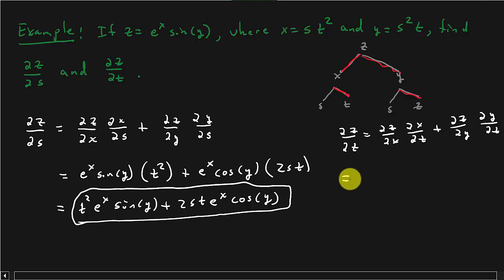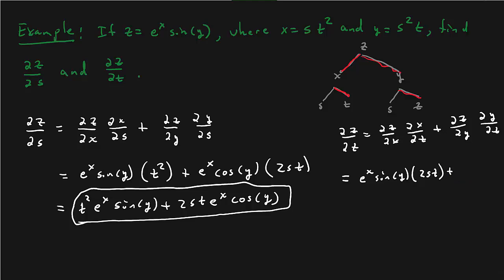And so this is going to be the partial of z with respect to x, which is just e^x sine y, times the partial of x with respect to t, which is 2st. And then plus the partial of z with respect to y. Let me move that over.